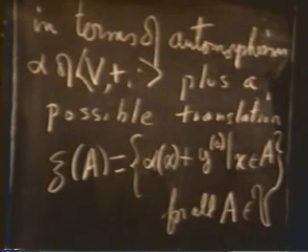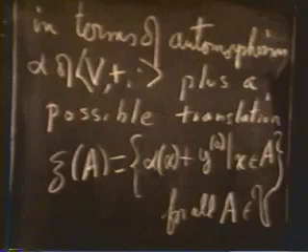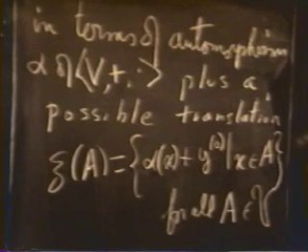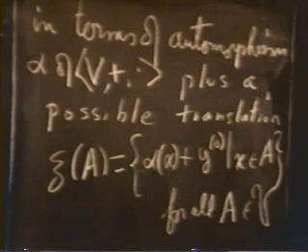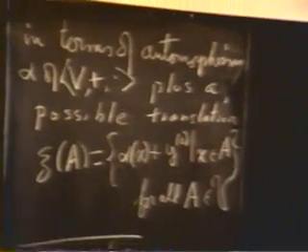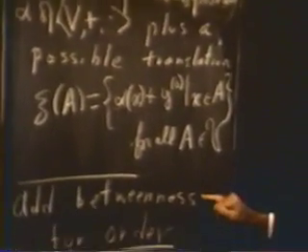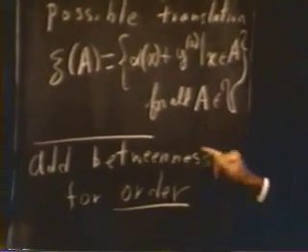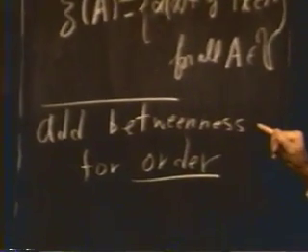Now, there's just one other remark to make about affine geometry that's important for the second lecture. When we do affine geometry synthetically, starting from qualitative notions, the most important concept is the notion of order, which we haven't mentioned here. And that is the order in terms of betweenness.